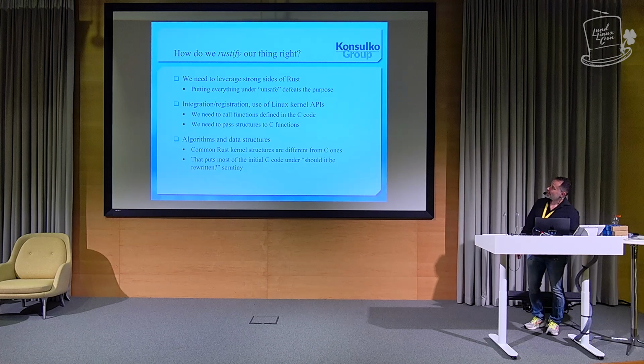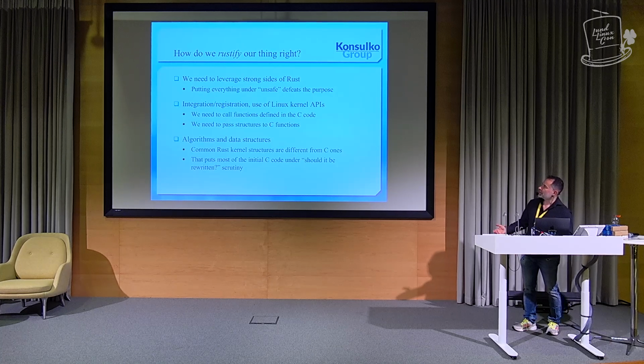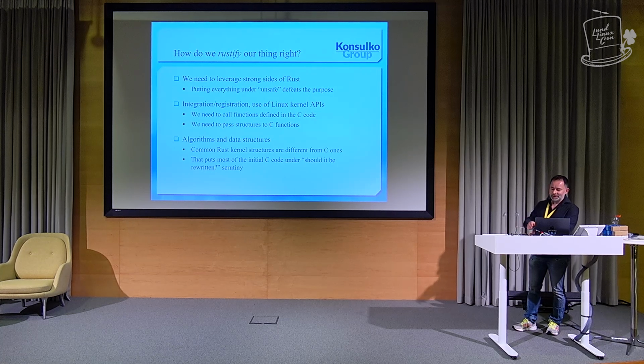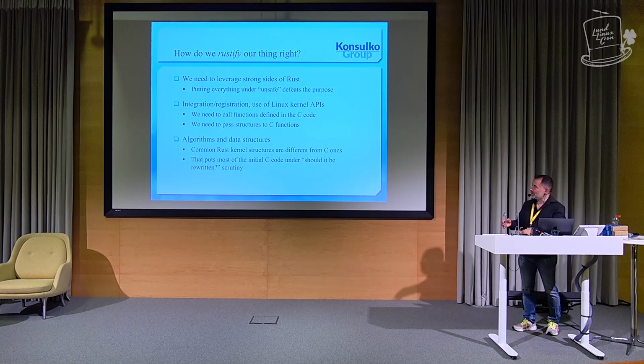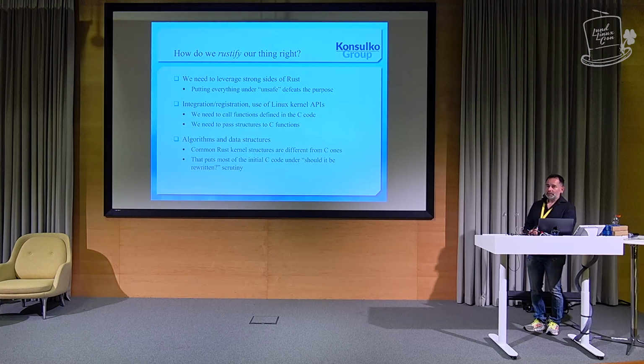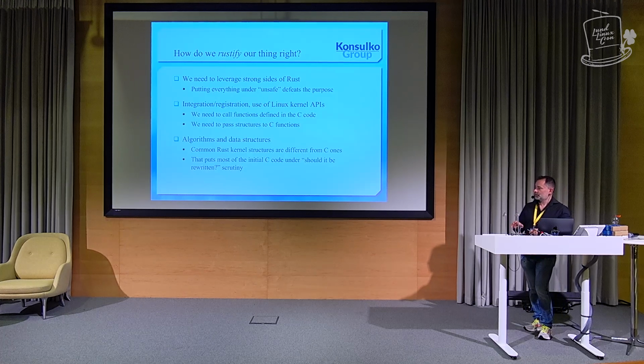Okay, so when we got the things compiling, what's out there that we need to consider? How do we Rustify the existing code or the existing algorithms in the right way? It doesn't really work to try converting the C code into Rust code.